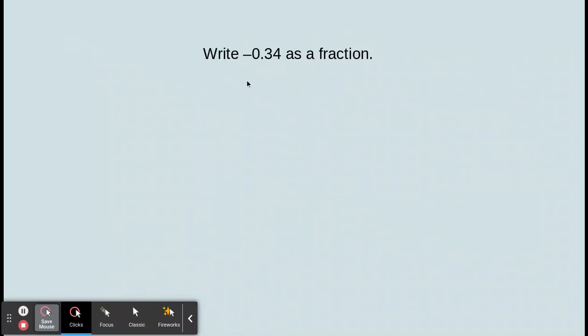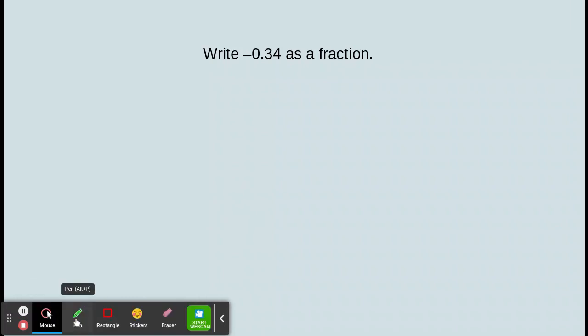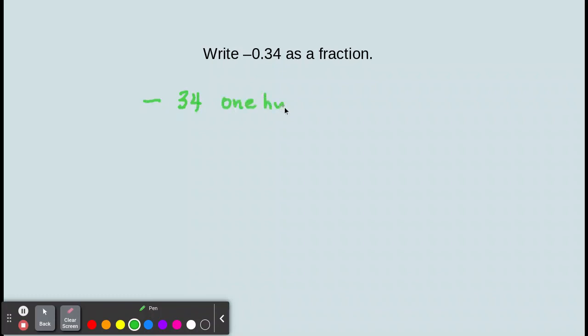And this last one, writing negative 0.34 as a fraction, remember that there are two ways to do this. The first one is to read it aloud to yourself and say negative 34/100ths, right? And then you could just simply write that.